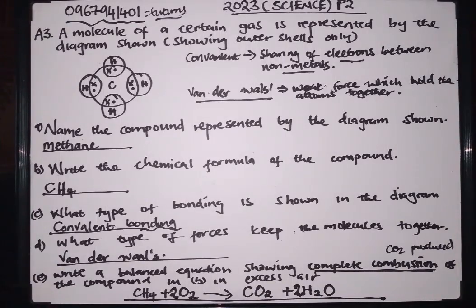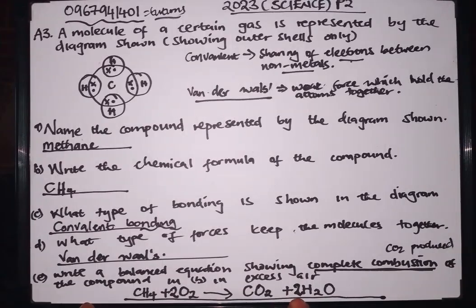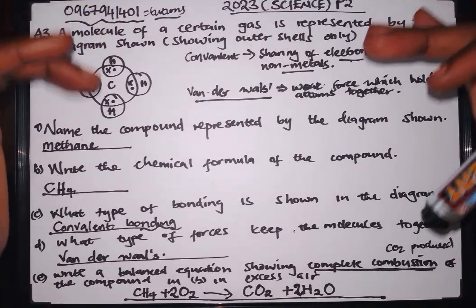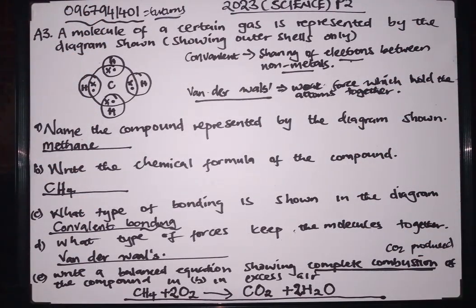Then when we come to hydrogen, here we have 4, and here hydrogen will also have 4 when we multiply 2 times 2. Once you do this, you have completed the entire question and you have gotten all the marks.